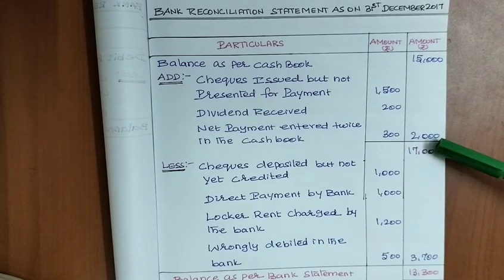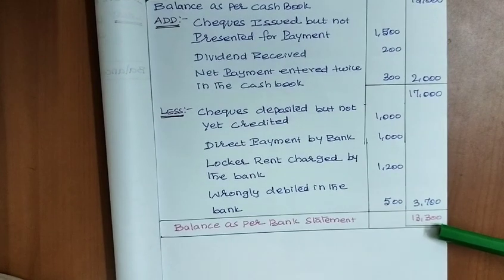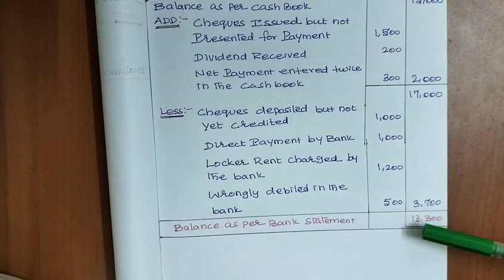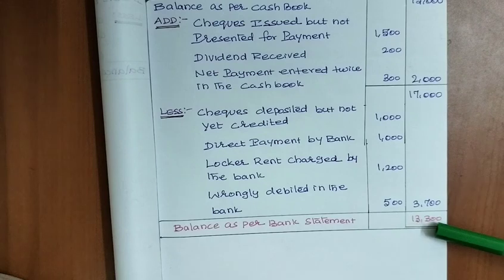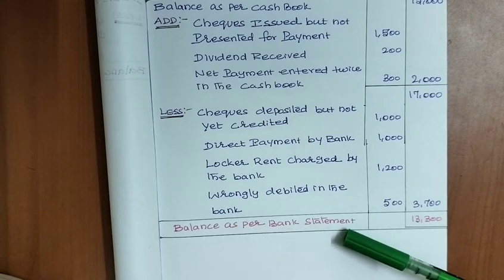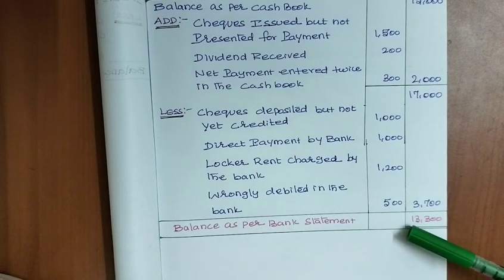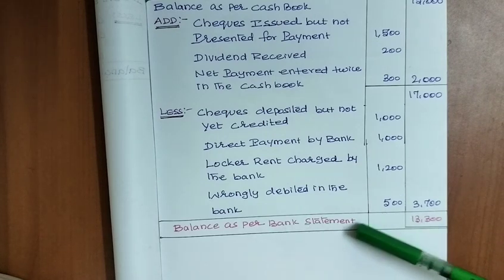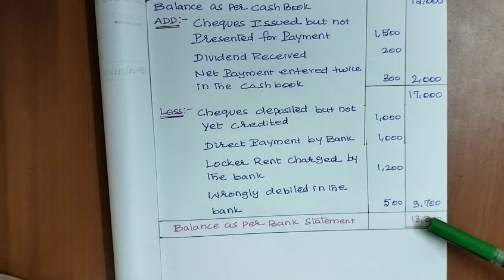We will get 13,300. This is the positive amount, positive balance. Okay, so this is the balance as per the bank statement. How much rupees? 13,300. This is the bank statement. This is the credit balance. This is the favorable balance.